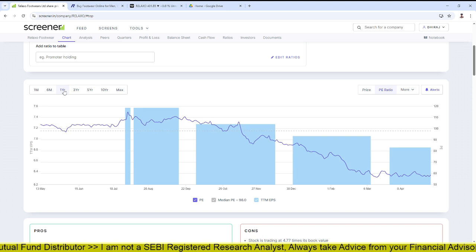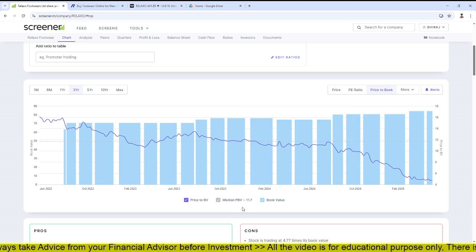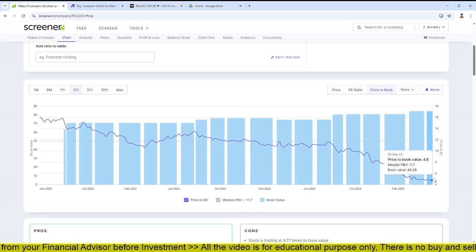Let us talk about the 1-year median PE. The 1-year median PE is 98. The company is trading at 58.8. So the company is fairly valued or undervalued based on the PE. Let us talk about the PB, price to book value. The 3-year price to book value is 11.7, but the company is trading at 4.8 book value.